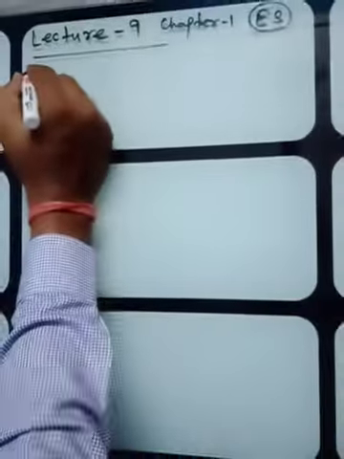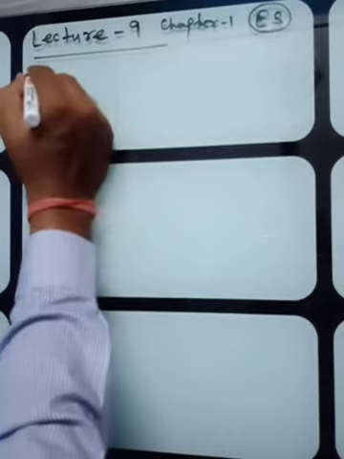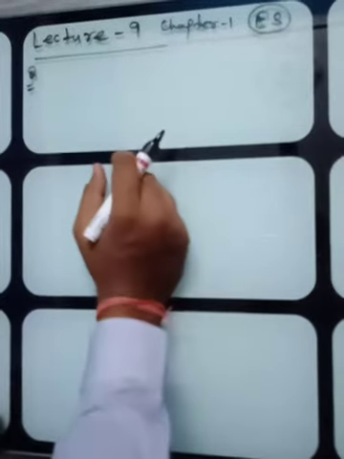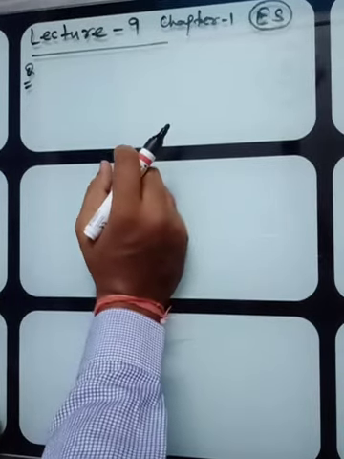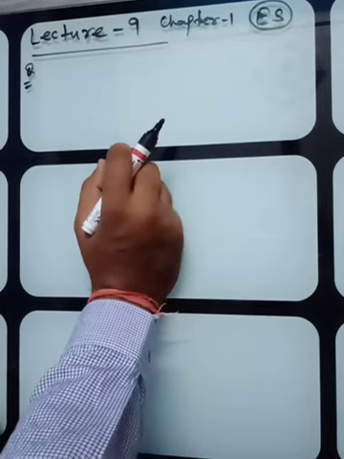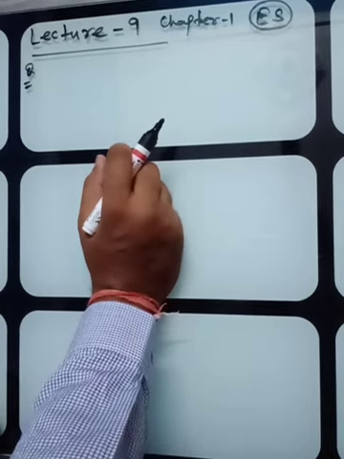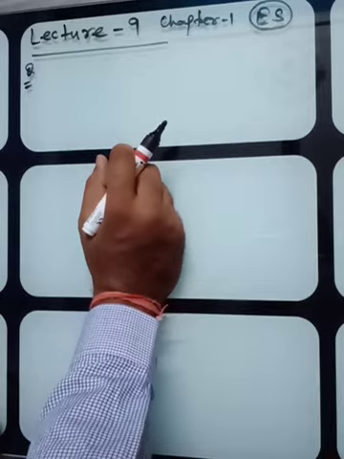So the first question of today: we have studied the question of what should be the position where a third charge can be placed to have the net force as 0.